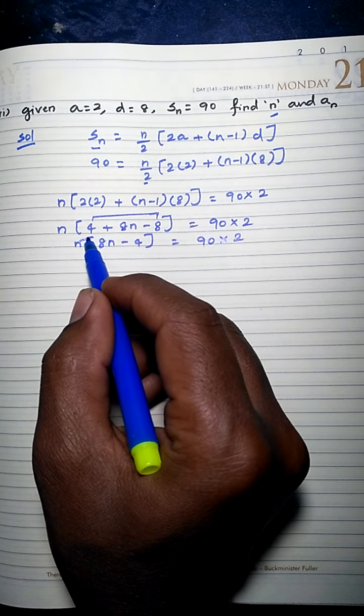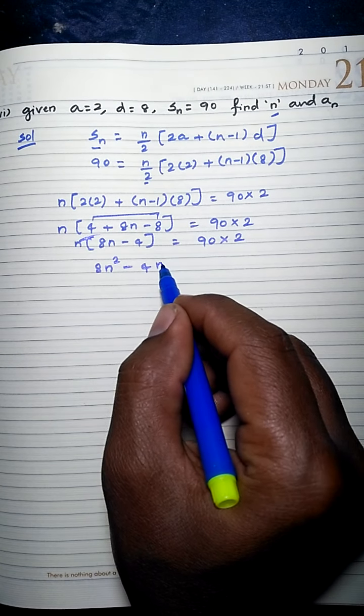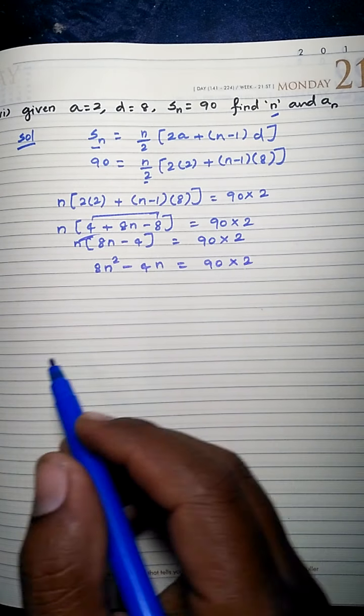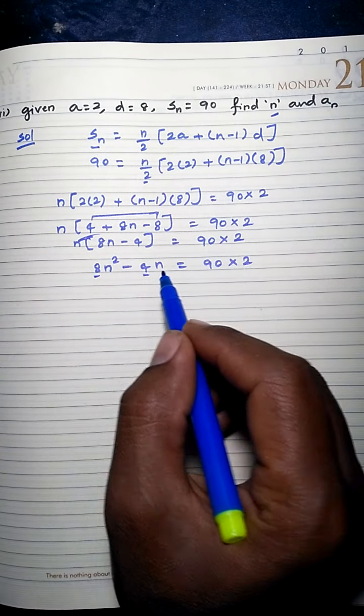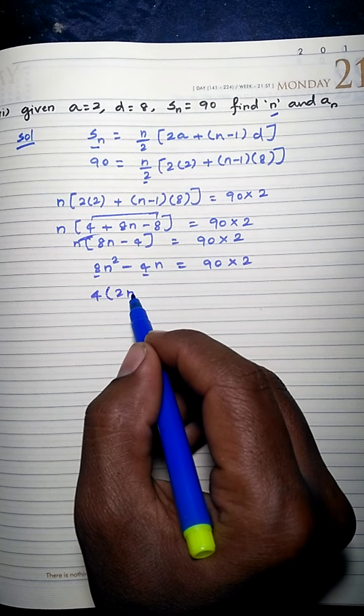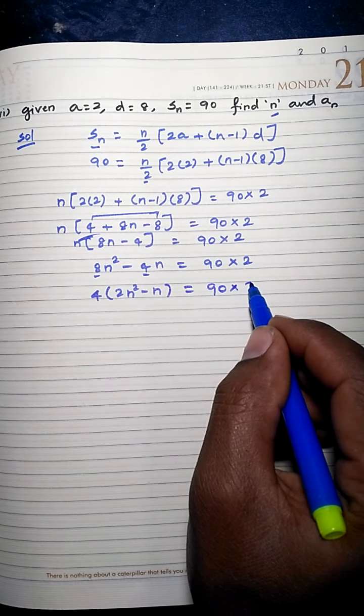Multiply this n inside, then you will get 8n square minus 4n equal to 90 into 2. Okay, let's take here 4 common outside. If you take 4 common outside, 4 into 2n square minus n equal to 90 into 2.